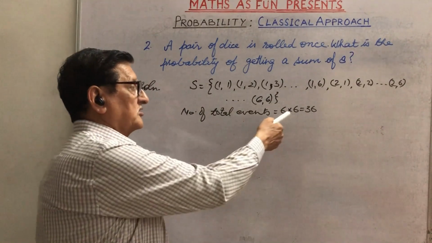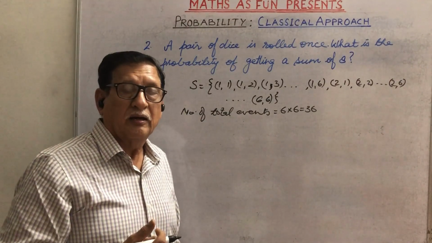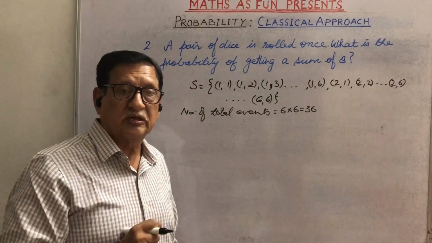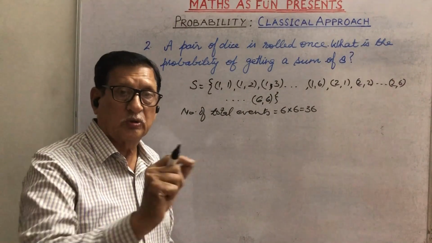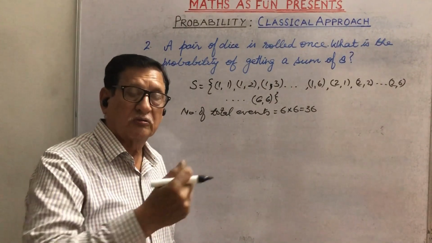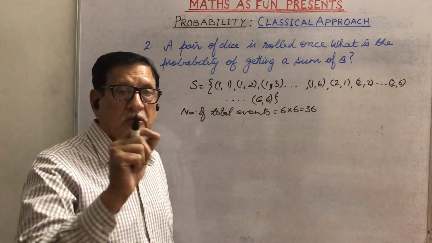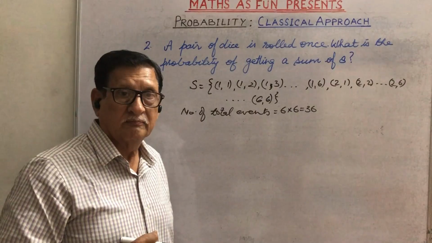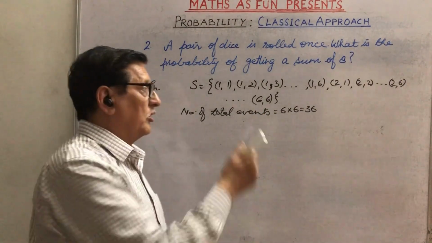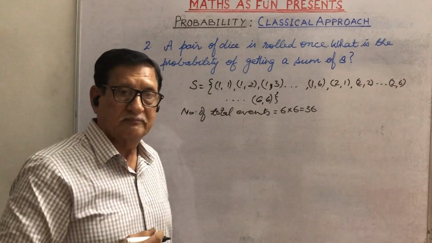Like here it is 6 into 6. Suppose we are rolling a die and tossing a coin. Then the total number of events will be 6 into 2, that is 12. 6 is the number of events on rolling a die and 2 is the number of primary events on tossing a coin. That we have to remember. So here it is 36 events in total and all have equal chances. It means they are all equally likely.